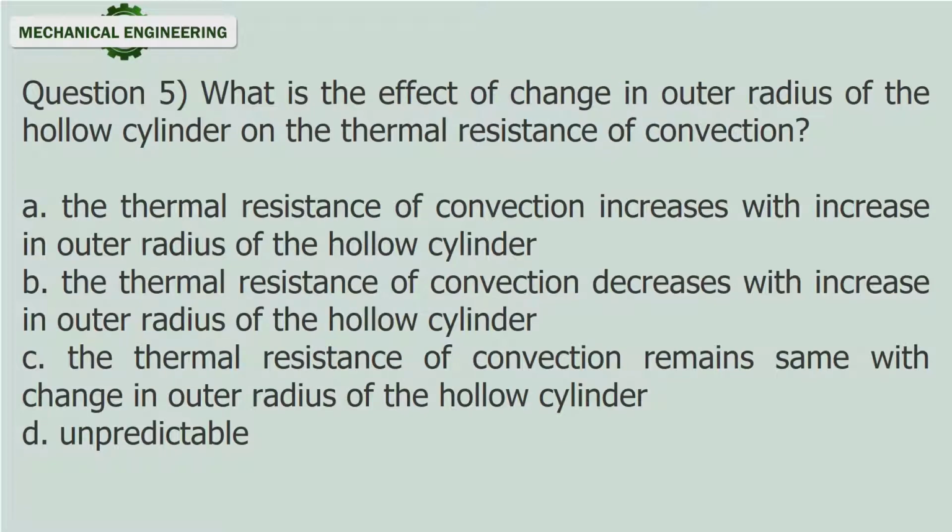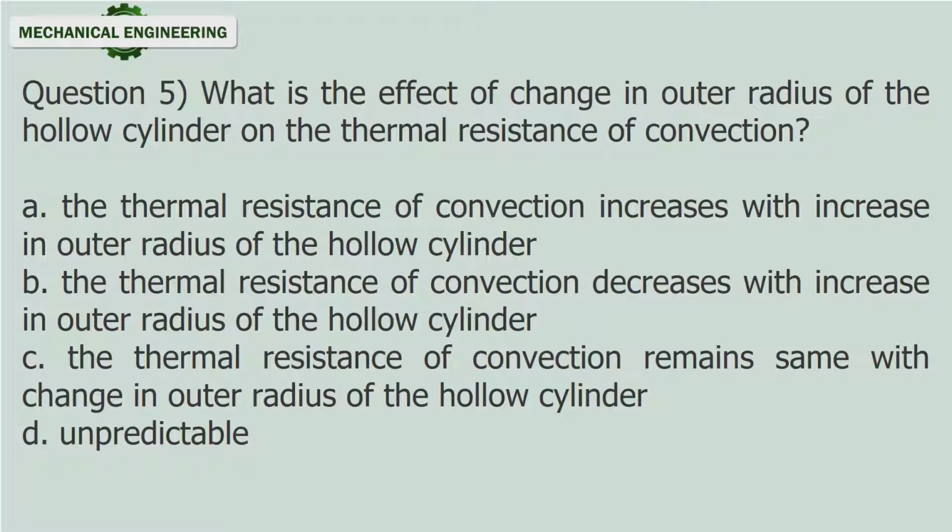Question 5. What is the effect of change in outer radius of the hollow cylinder on the thermal resistance of convection? A. The thermal resistance of convection increases with increase in outer radius of the hollow cylinder. B. The thermal resistance of convection decreases with increase in outer radius of the hollow cylinder.